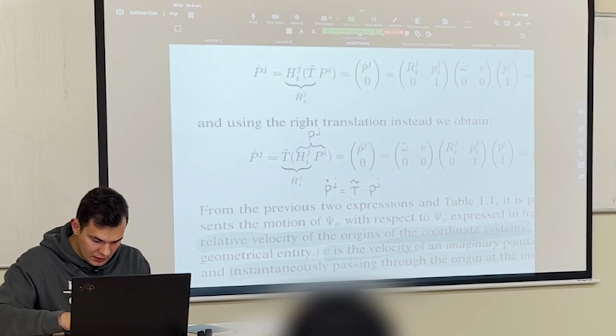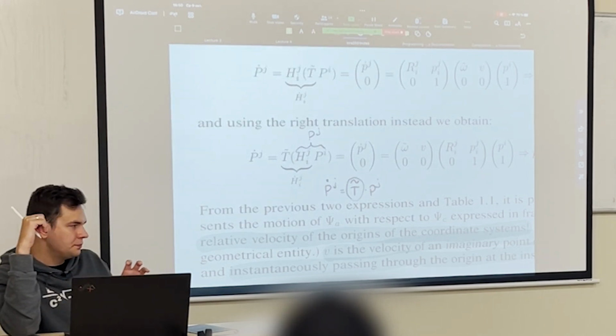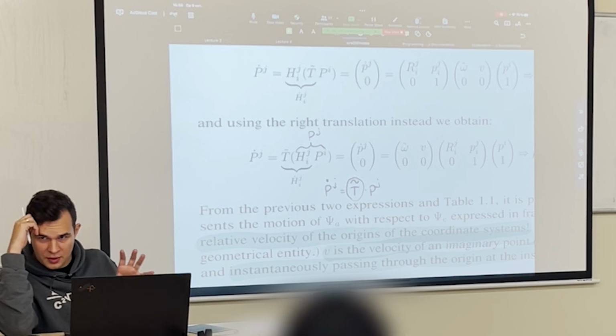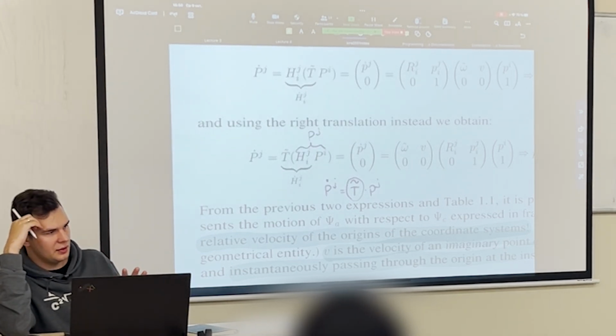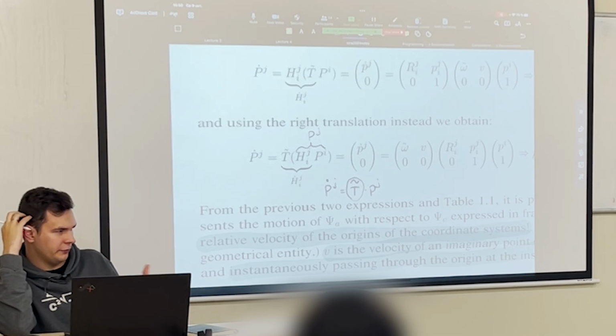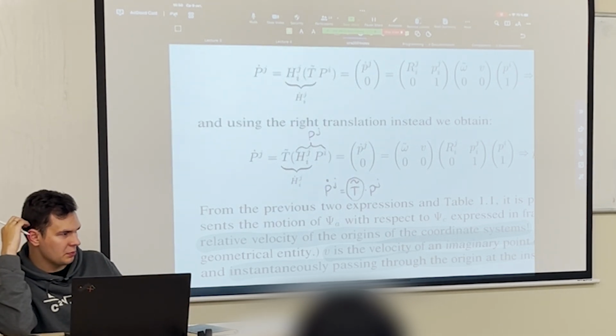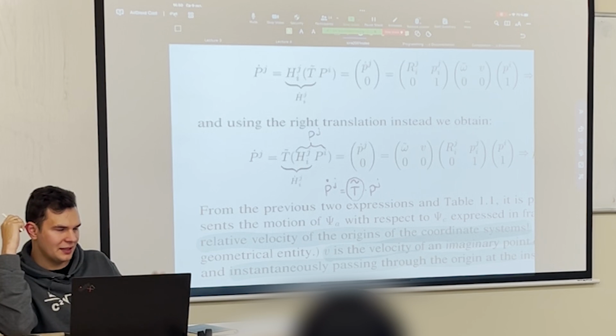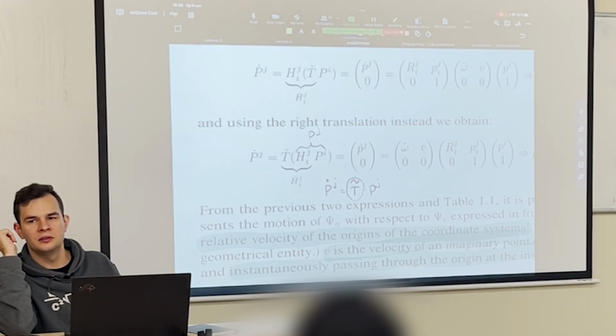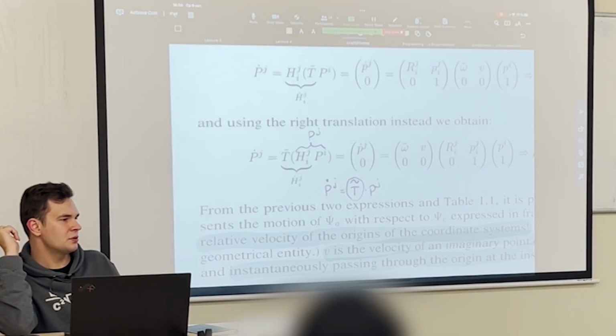So the twist is a spatial velocity. It represents the full velocity, not only angular velocity, but the translation. But it's kind of strange translation velocity, since it's constant for the whole body.